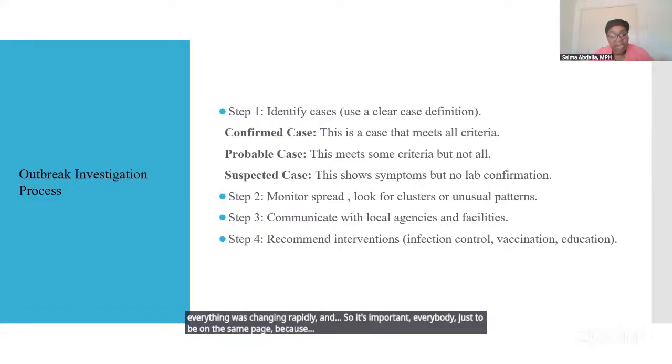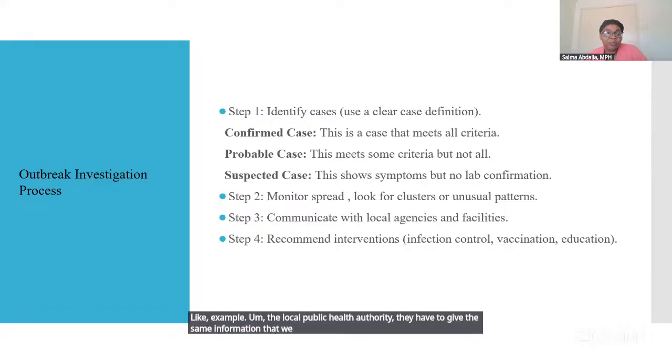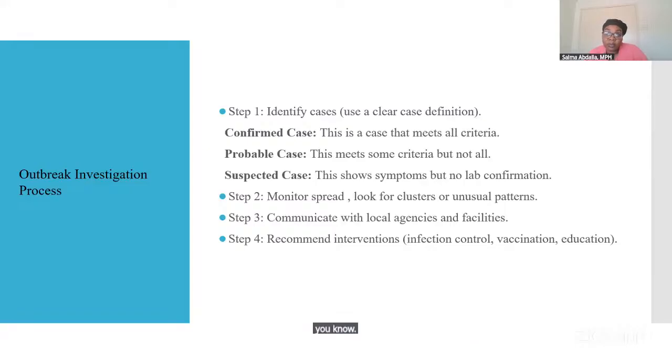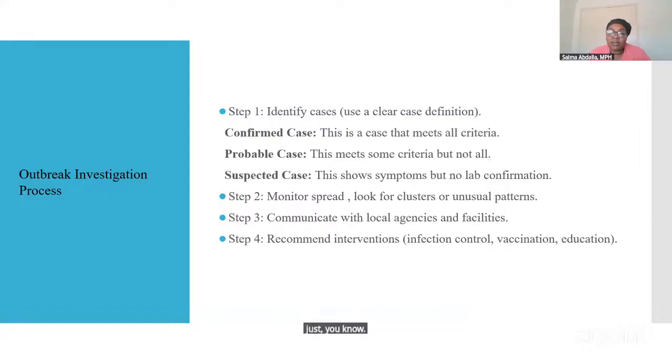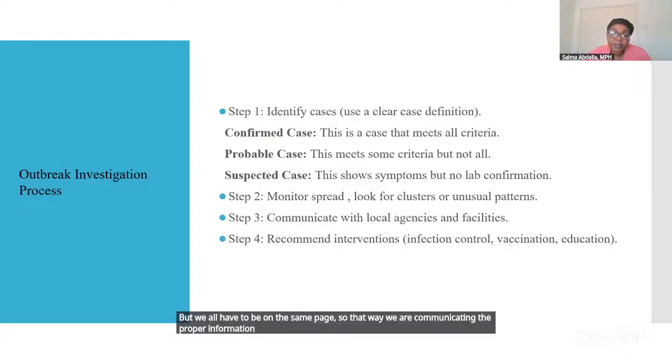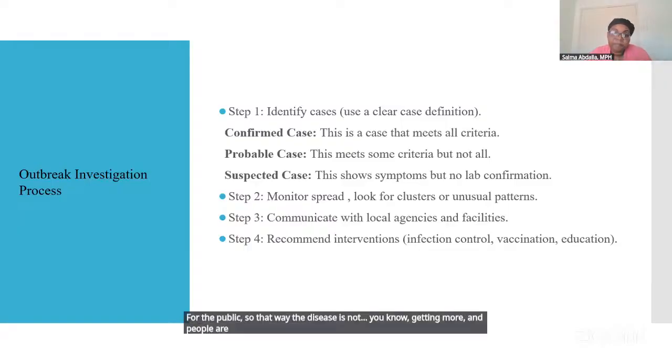For example, the local public health authority has to give the same information to the public that we give, because they have to match. We can't give different information, because this is going to make people more confused, more chaotic. Things were just not going to go properly. We all have to be on the same page so that we are communicating the proper information to the public, so that the disease is not spreading and people are not getting affected.